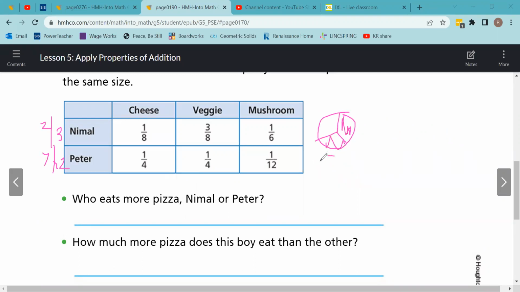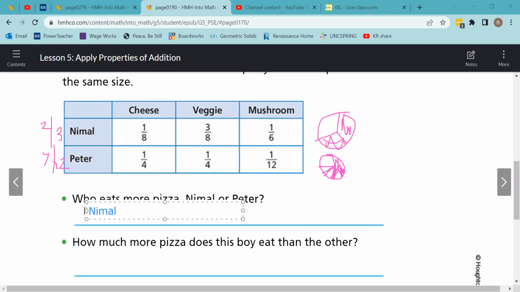Here's 1/2. 7/12, 6/12 is 1/2. And let's see, those would be 4ths, 8ths, about like this. Okay, that is not very neat. I'm so sorry. So Namal eats more pizza than Peter.